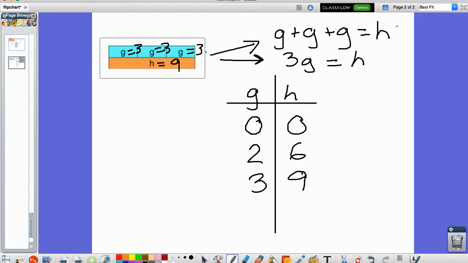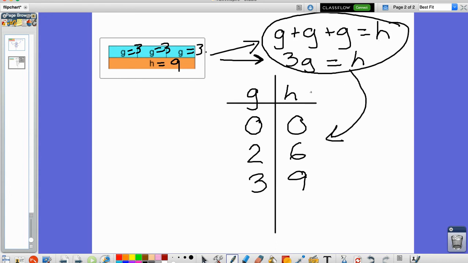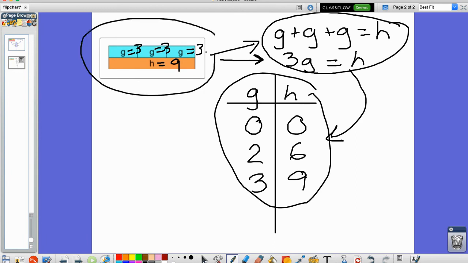And then see if you can come up with equations or an equation that matches with the table and with the tape diagram. You should be able to connect all 3 of these representations together: the tape diagram, the equations, and the table.